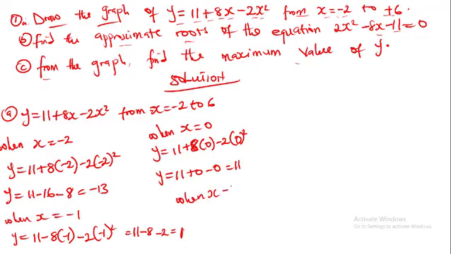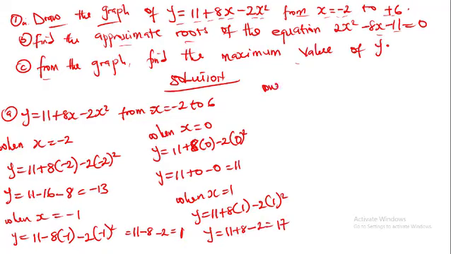When x is equal to 1, y is equal to 11 plus 8 into 1 minus 2 into 1 squared, and y will be equal to 11 plus 8 minus 2. 1 squared is 1 times minus 2, we have minus 2. So 11 plus 8 is 19. 19 minus 2 will give us 17.